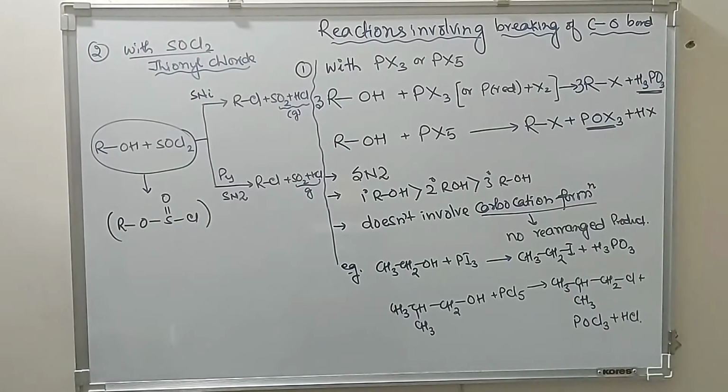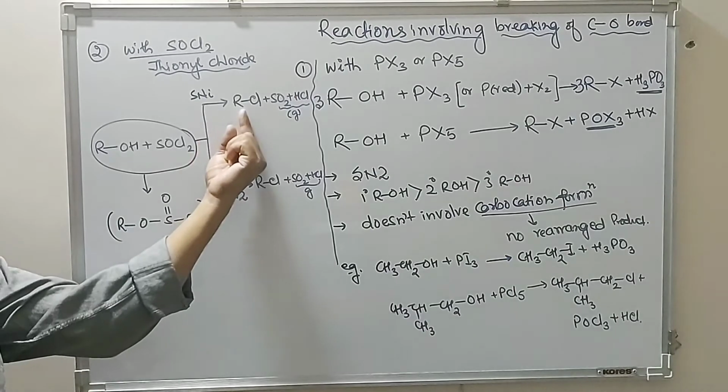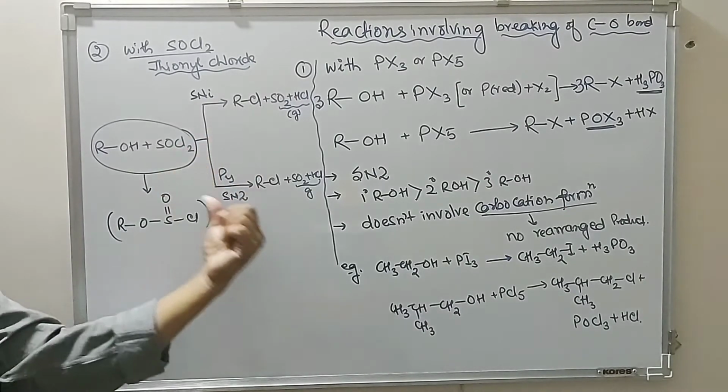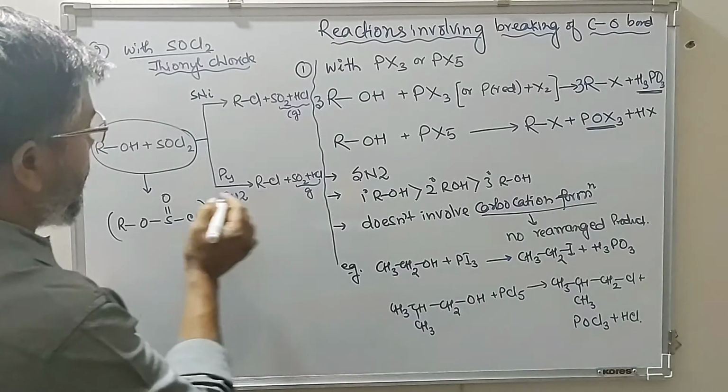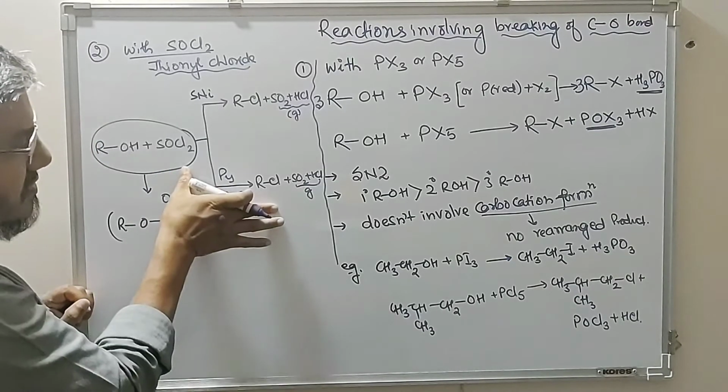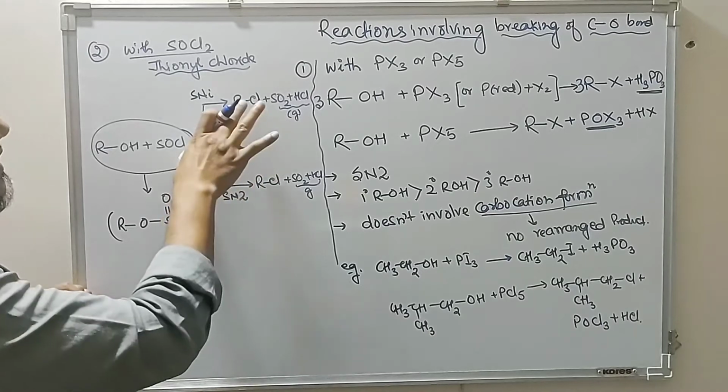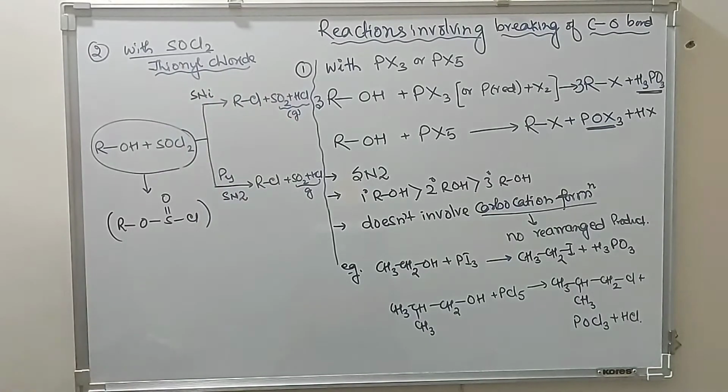If the reaction occurs by SNi, there is retention of configuration. In this reaction, there is retention of configuration. In this reaction, there is inversion of configuration. So SN2, inversion of configuration; SNi, retention of configuration. So this is the reaction with SOCl2.